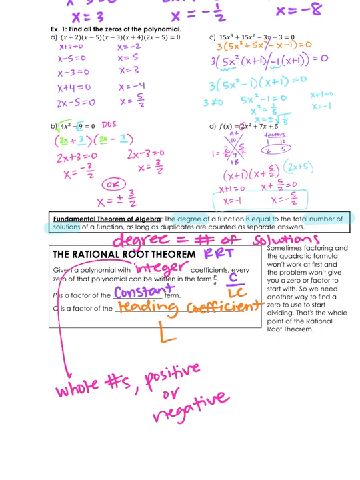And remember, leading coefficient is in front of the highest degree term. Not just the first one, because it may not be written in standard form.